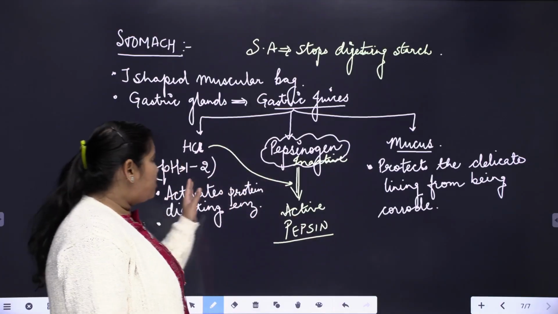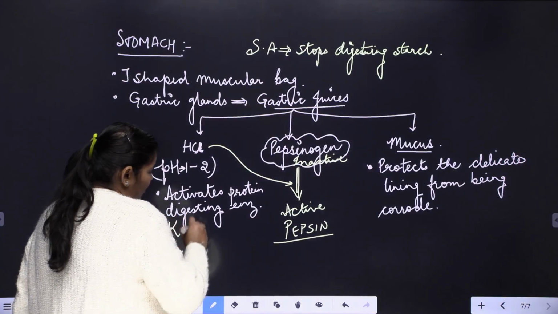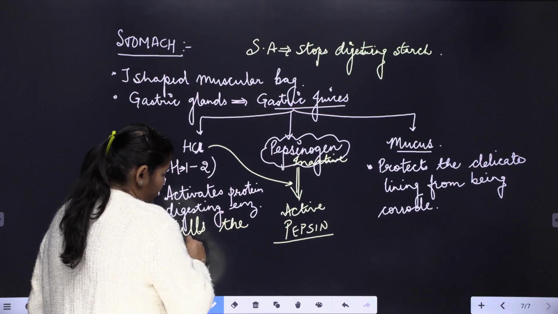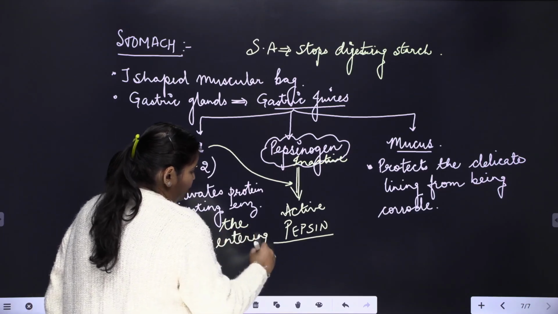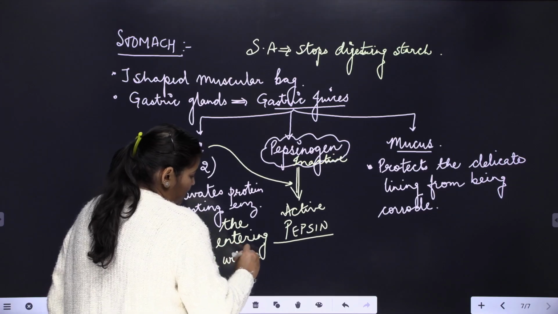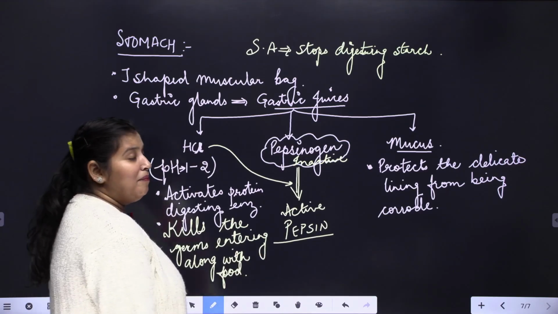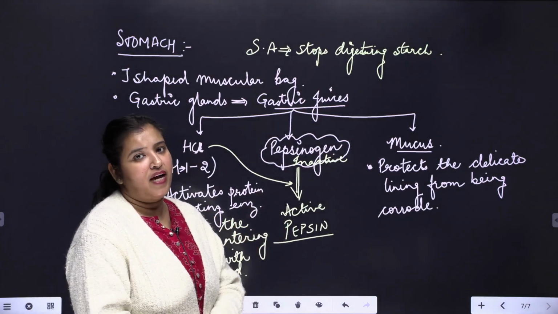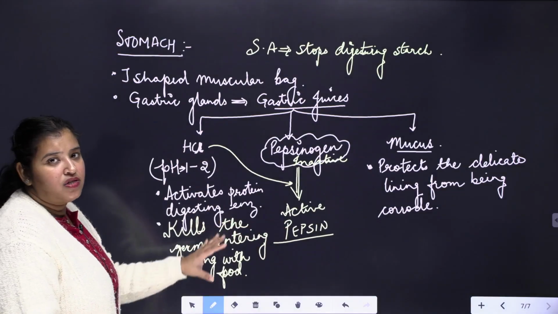All right. Now, the second point why HCl is required, it helps in killing the germs that enter with food. So, some part of the fighting HCl is doing by making the medium highly acidic. The microorganisms or the germs cannot survive that acidic environment. So, this is what you have to keep in mind about the stomach.